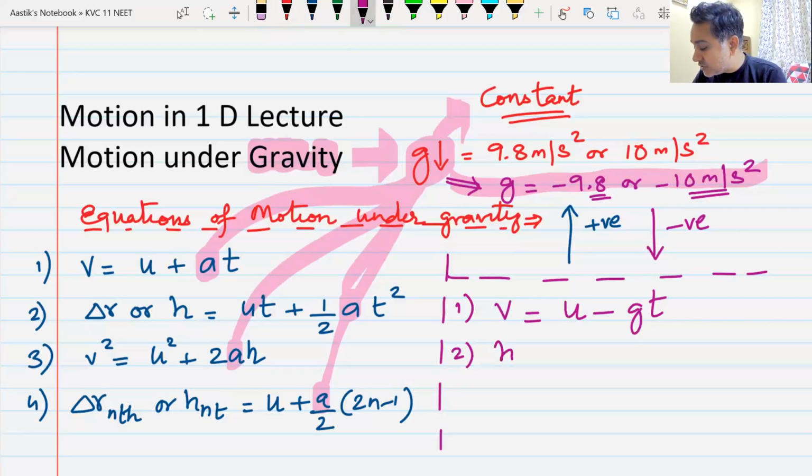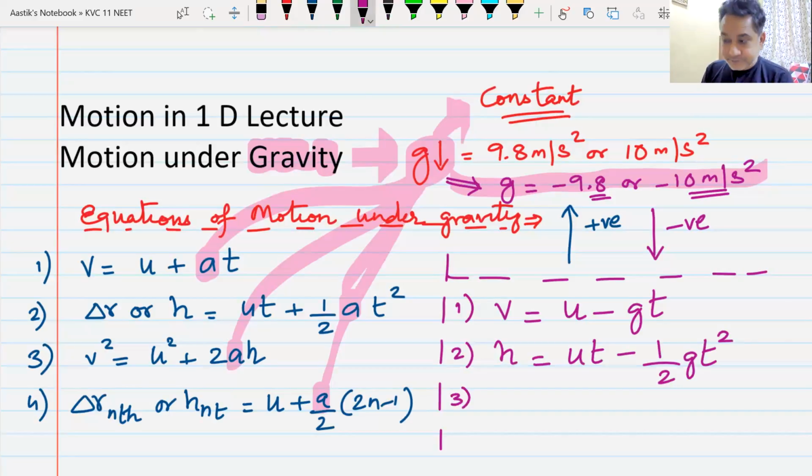I can write h is equal to ut minus half gt squared. I've just put a as minus g because a is always negative g. How does the third equation look like? V squared is equal to u squared minus 2gh.